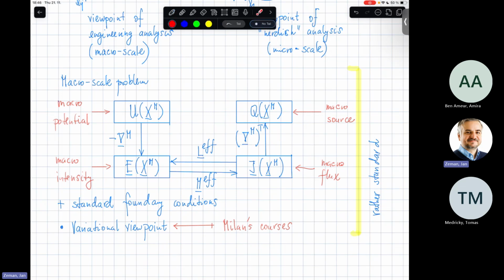The only thing is how the heterogeneity is taken into account, through one coefficient or another, because I have these size independent properties, and this is why people like myself are so concerned about that. Then basically, again, I'm just solving my conventional engineering problem, but with some data which are determined by some subscale problem, right?